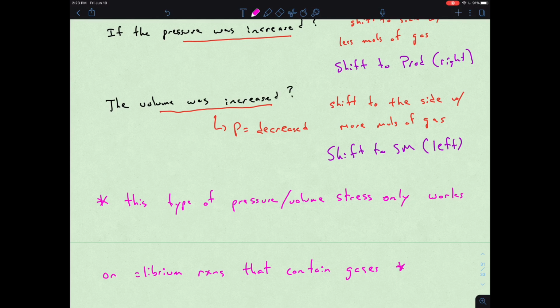So keep that in mind, right? If everything was in solution, everything was aqueous, then that would have no effect as far as pressure or volume changing in terms of an equilibrium process.